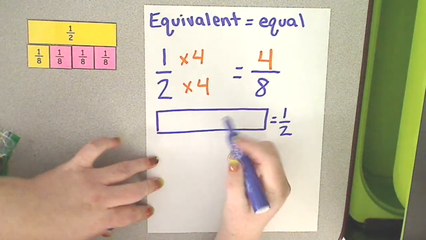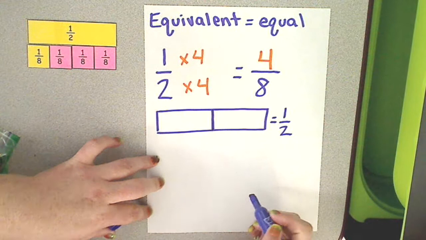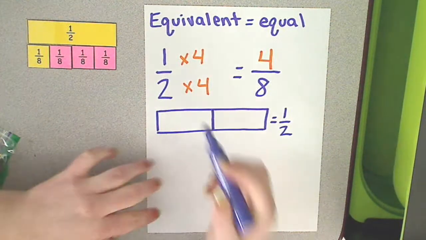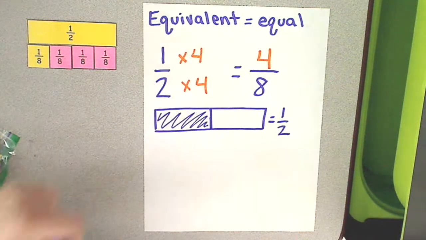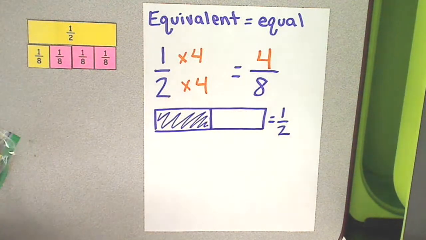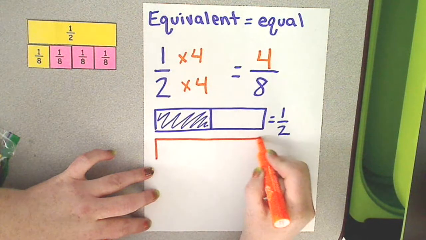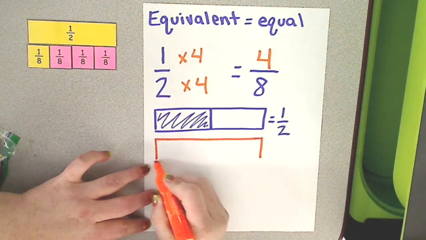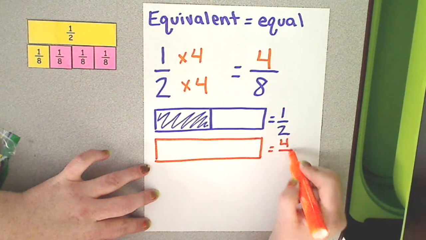So I need to break my original bar into 2 pieces. And I'm going to just very lightly shade that. Now I'm going to have a second bar. And this bar is going to represent our 4/8.